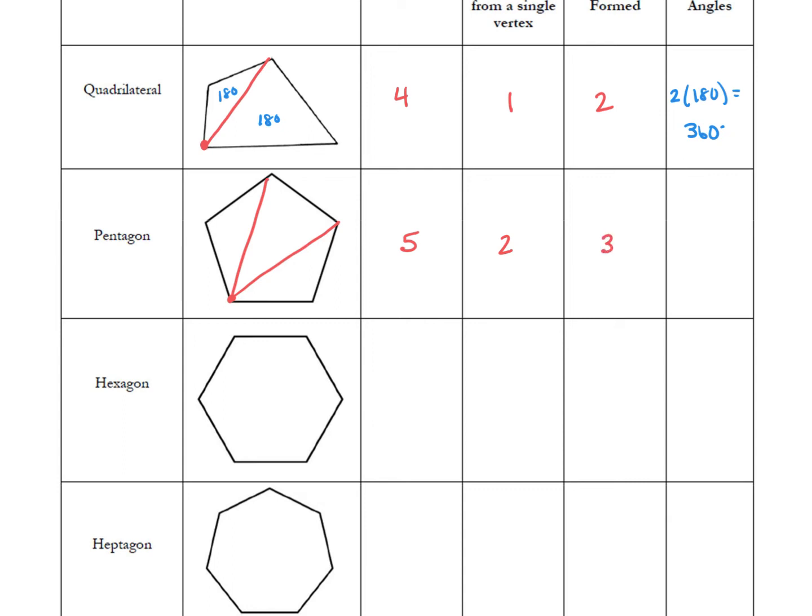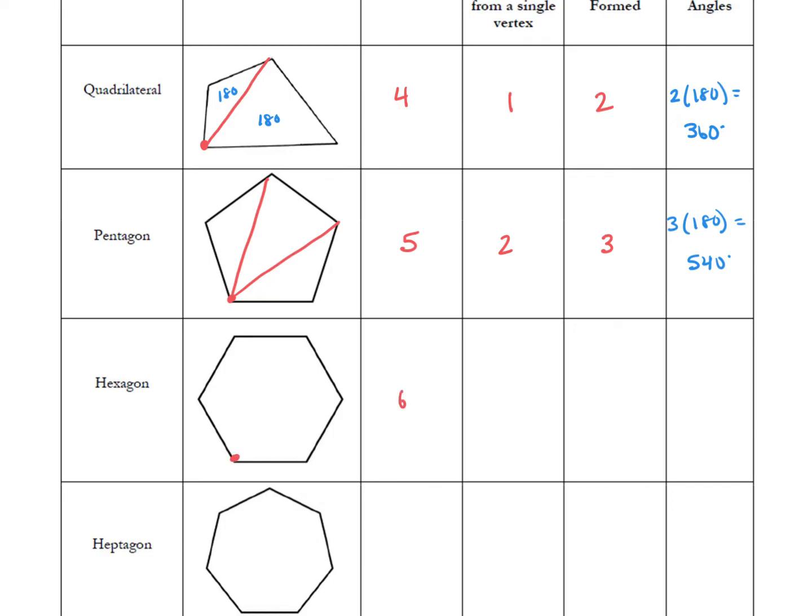And then the sum of the interior angles of the pentagon is the sum of the interior angles of the triangles. Well, there are 3 triangles, so 3 times 180 gives us a total of 540 degrees. If I were to take this angle, plus this angle, plus this, plus this, plus this, it gets me to that 540.